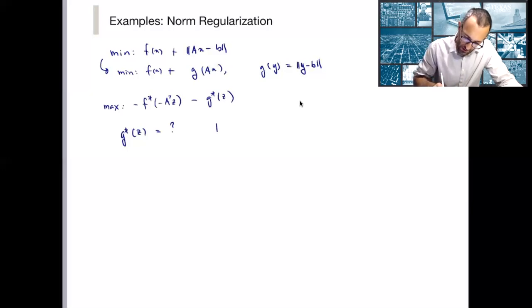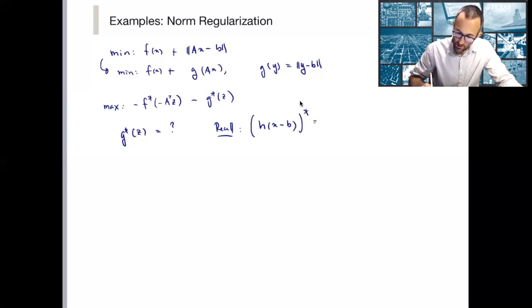Recall, and we used it on the previous slide as well, that if I have a function h and I'm looking at h of x minus b, the dual of this evaluated at z is b transpose z plus h star of z. This is what we've been using.